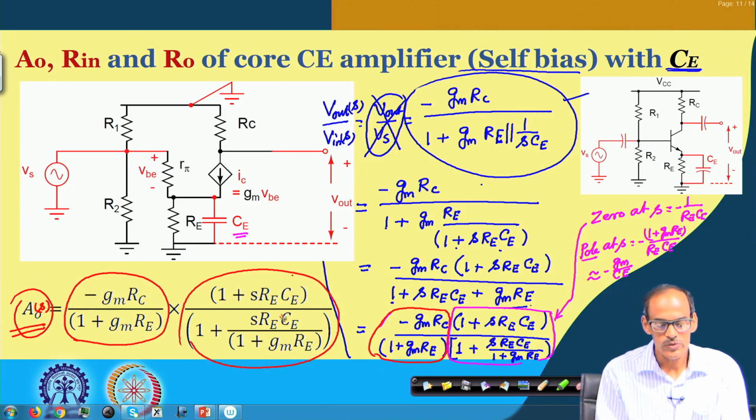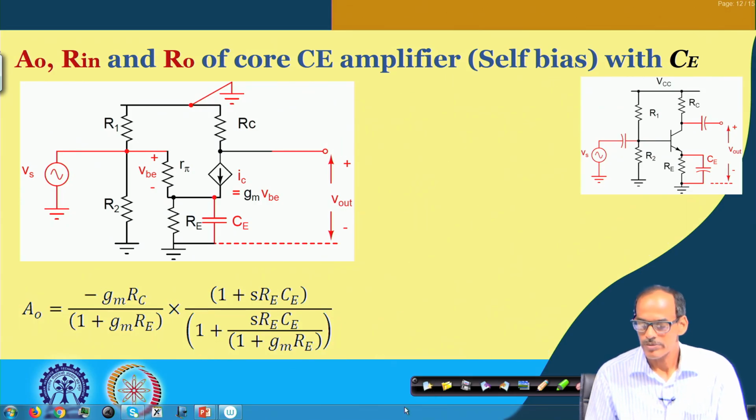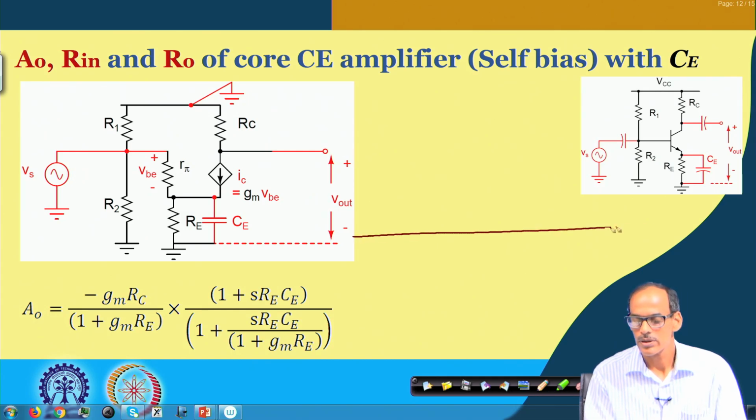So, let us try to sketch the Bode plot of this gain. Unlike the previous case, this portion got changed. So, let me clear and then plot the gain or magnitude plot of this A naught.